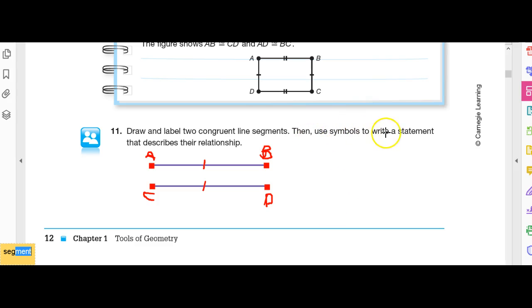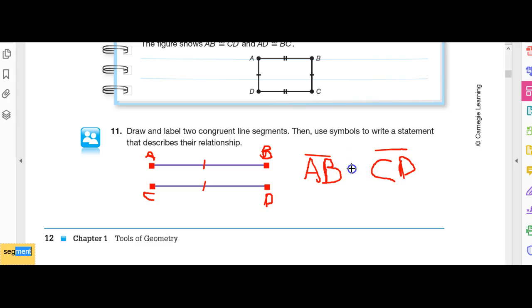So now I'm supposed to use symbols to write a statement that describes the relationship. So what do we know about these two segments? I have segment AB, and segment CD, and now I need to use symbols to describe the relationship.